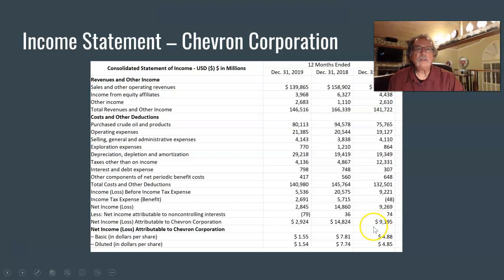So if I'm looking at these numbers, I'm going to be looking at, well, what was the big change from year to year? Why do they have less sales in 2017 than they did in 2019, but almost 3 times the income? And you can look at this, well, the total costs are a lot higher.